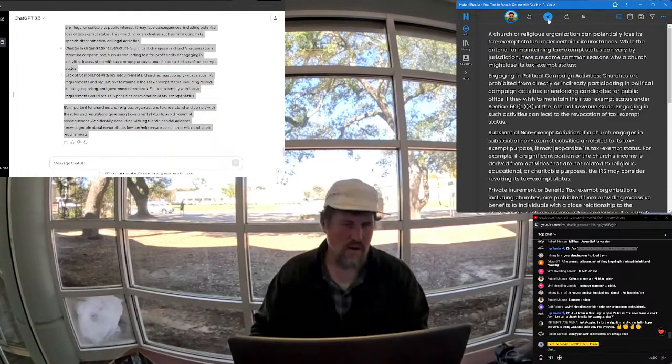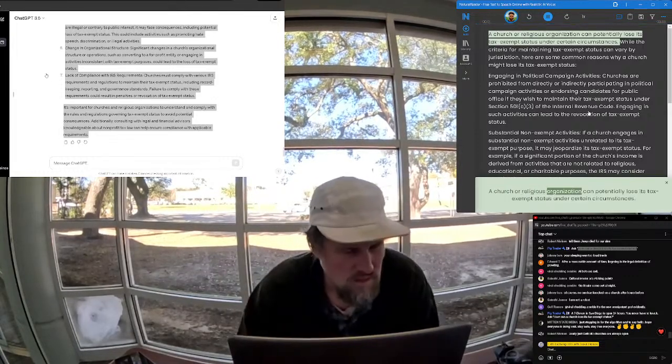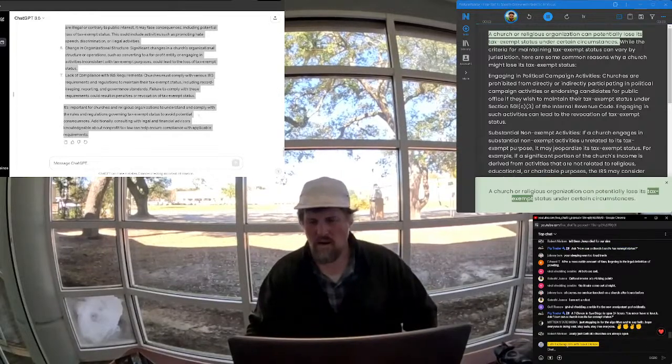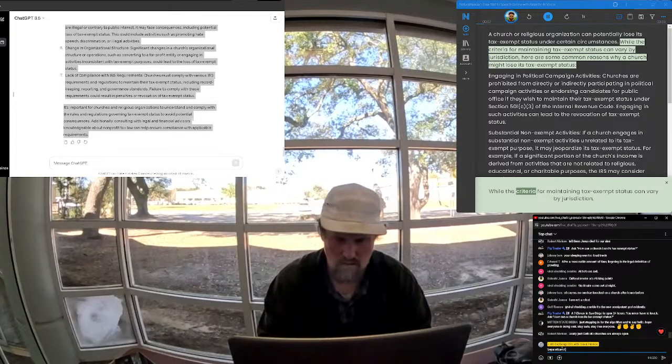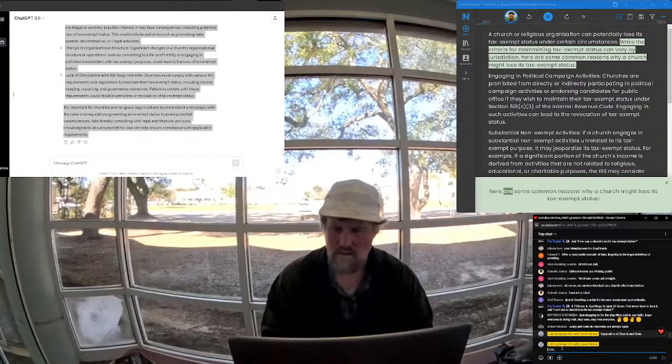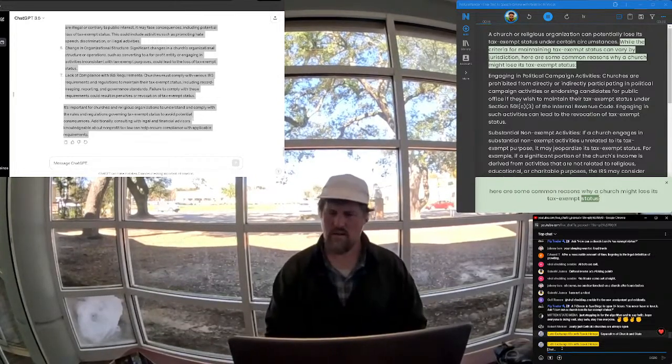Ask old wise ChatGPT. A church or religious organization can potentially lose its tax-exempt status under certain circumstances. While the criteria for maintaining tax-exempt status can vary by jurisdiction, here are some common reasons why a church might lose its tax-exempt status.